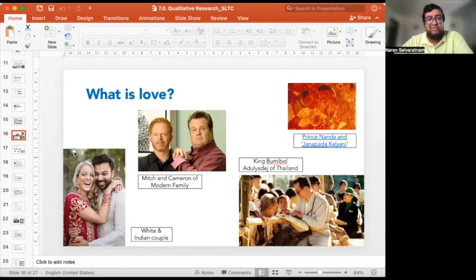They show some affection, so that could be love. Here we have Mitch and Cameron from Modern Family. That is some love. Here we have one of the greatest kings who has ever lived, King Bhumibol Adulyadej of Thailand, and this is him showing affection to his people. That is also a form of love.